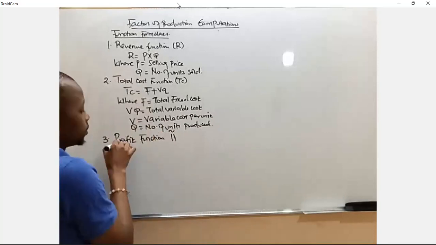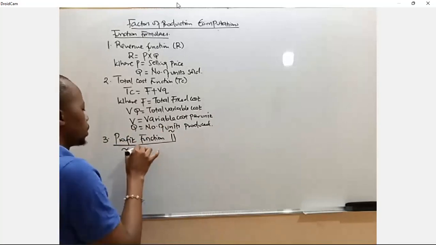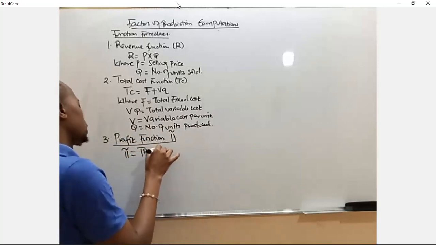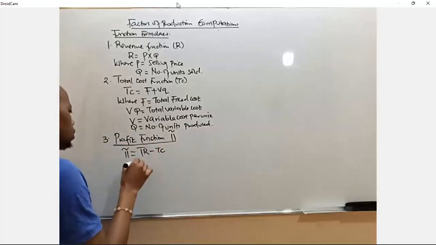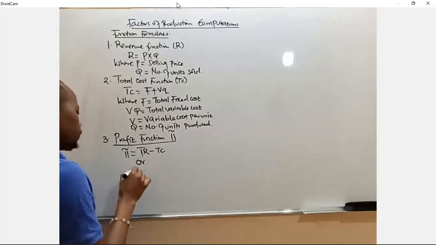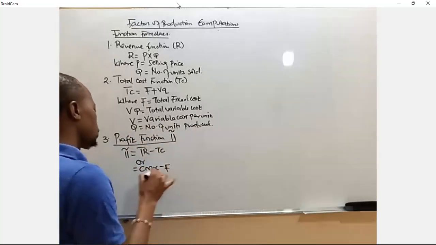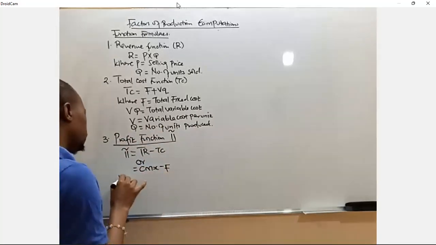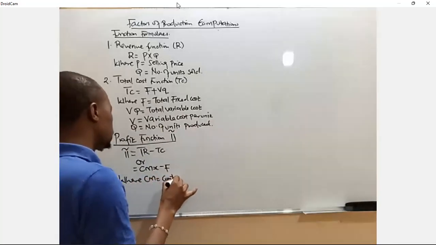In statistics, when you just want to calculate the profit, you take the total revenue minus the total costs. Or sometimes, to get our profit, we take the contribution margin M times X minus fixed costs F, where M is equal to the contribution margin.